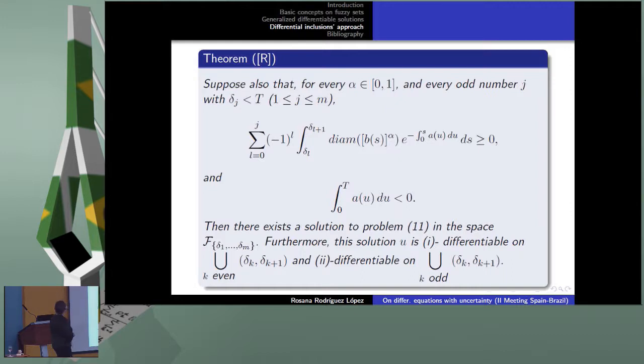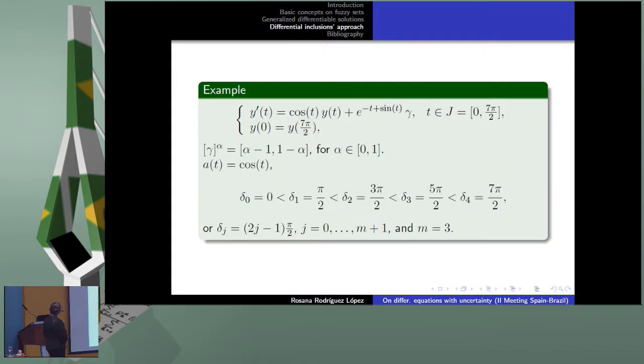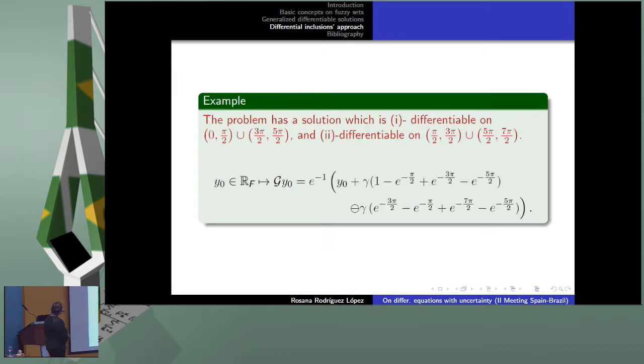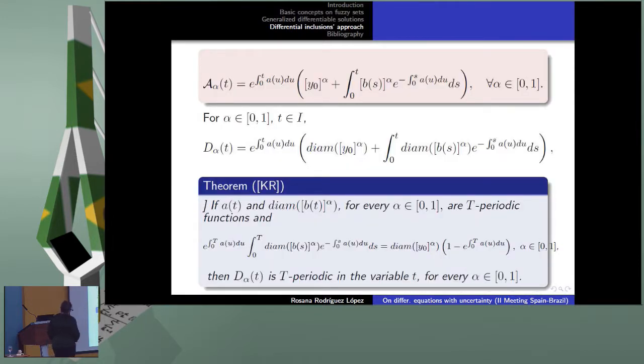But it is based really on an application of a fixed point result. It is not possible to do it explicitly. However, from the differential inclusions approach, it is very simple to check the periodicity.